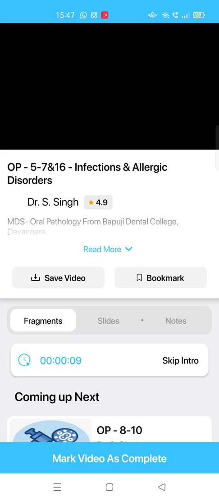The most common site is the vermilion zone. Aphthous mainly involves non-keratinized mucosa, which can be seen on the labial mucosa as shown in this picture, or the floor of the mouth, or buccal mucosa. Usually they say that this is attached mucosa and this is movable mucosa.